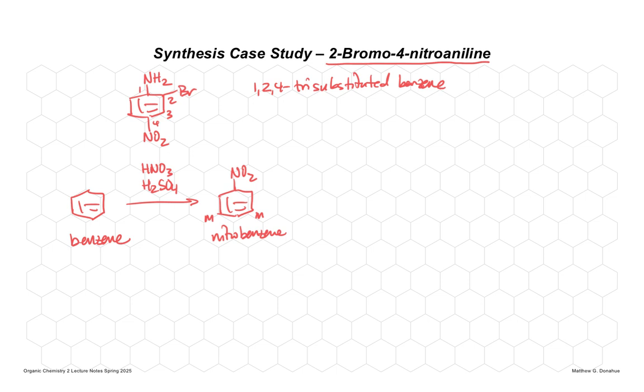But ultimately, we're still going to have to deal with the nitro group being a meta-director. So the best thing to do now would be to reduce that. So we could take iron metal, HCl, water. That will reduce the nitro to the aniline.